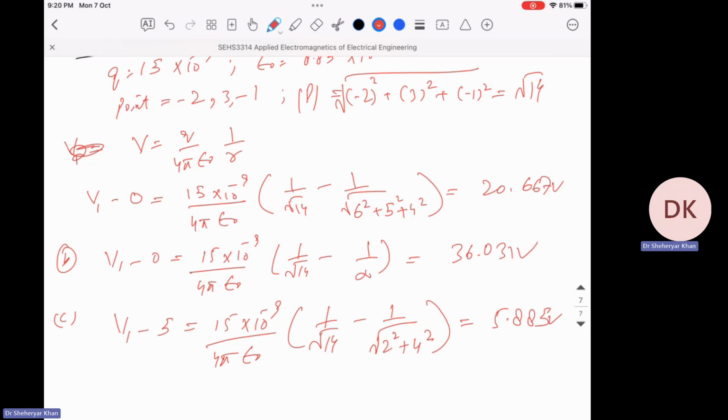So it's 0 to pi by 2, rather than 0 to pi. Now you see the integration is simple here. It's not difficult.